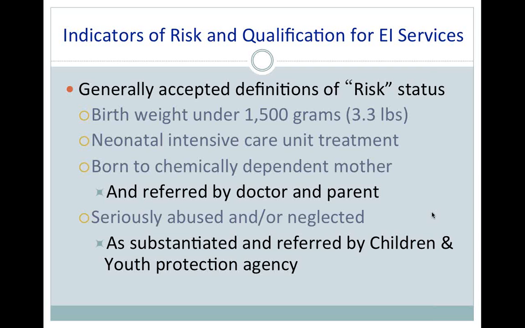Once again, in webinar 4 that Dr. Dinaville conducted in May, there's much more detail about risk status, etc. But this is certainly appropriate content for the Introduction to Early Childhood Education course or the Child Development course, depending on where you allocate your content within the Early Childhood Education or Early Childhood Education Teacher Prep program. But certainly in one of these two courses, there should be discussion of risk factors and some of the specifics.